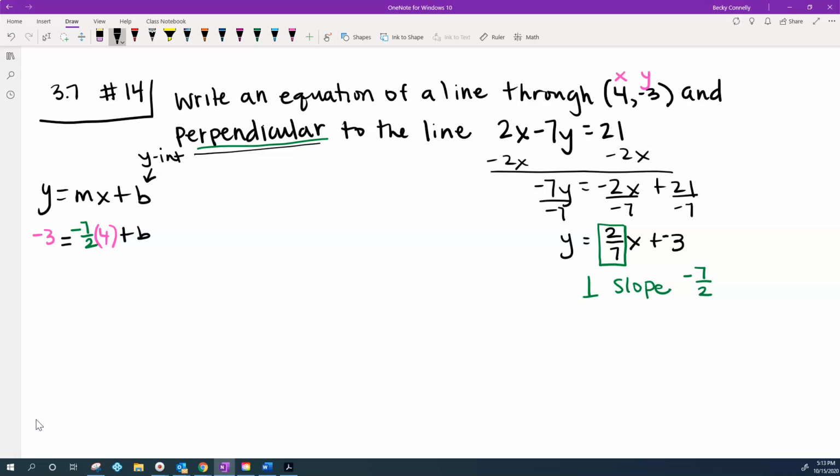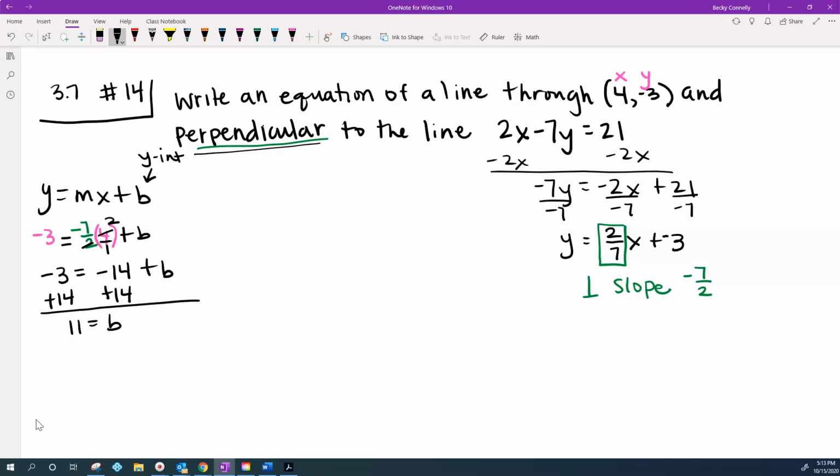So let's go ahead and simplify this so we can figure out what b is. Remember, this is kind of like 4/1 here, so 2 can divide into 4 two times. And so I have -3 = -7 times 2, which is -14, plus b. And then I need to add the 14 over, and I get b = 11.